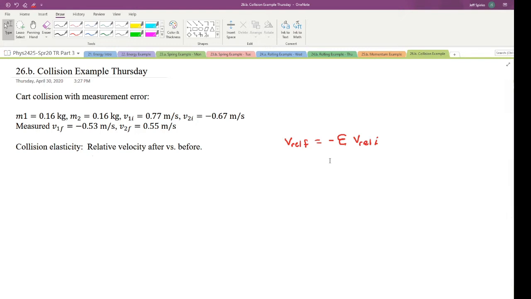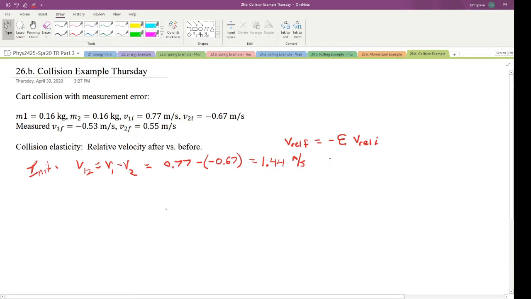So we have to calculate these relative velocities, that is, the velocity of one cart relative to the other. So let's do it for the initial state, and that would be cart 1's velocity minus cart 2's velocity, 0.77 minus a negative 0.67, turns into addition and comes up with a result of 1.44 meters per second.